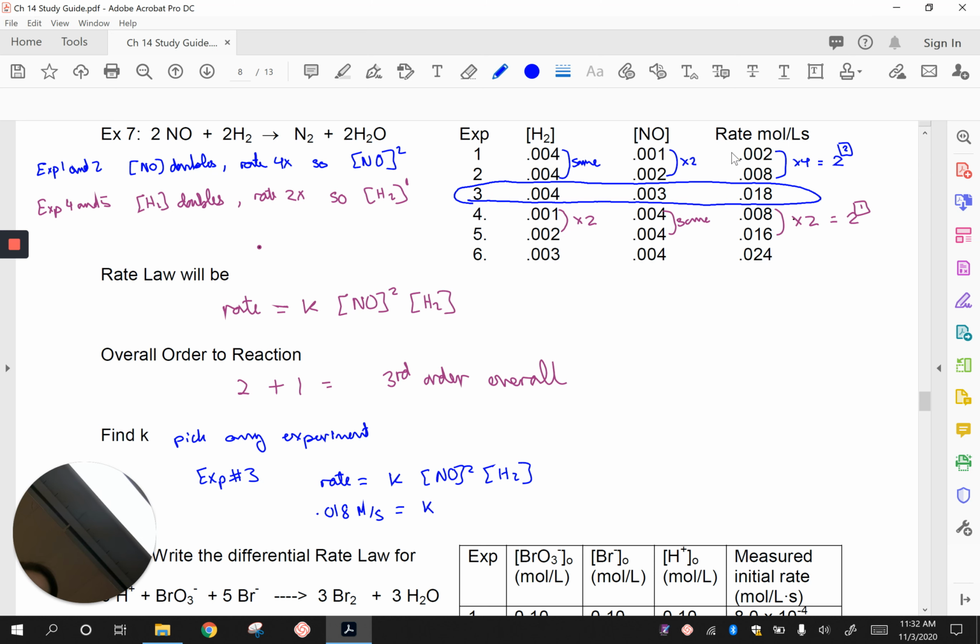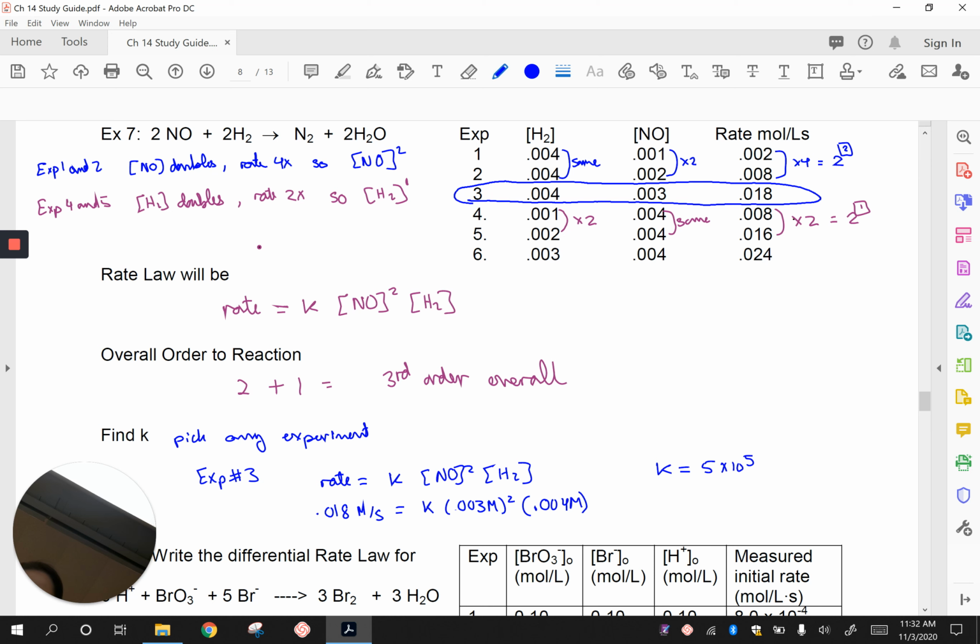In experiment 3, the concentration of the NO is 0.003 molar, and I square that, times the concentration of H2, which is 0.004 molar, to the first power. So I solve for K, and I got my K to be 5 times 10 to the 5th, and let's look at our units together.